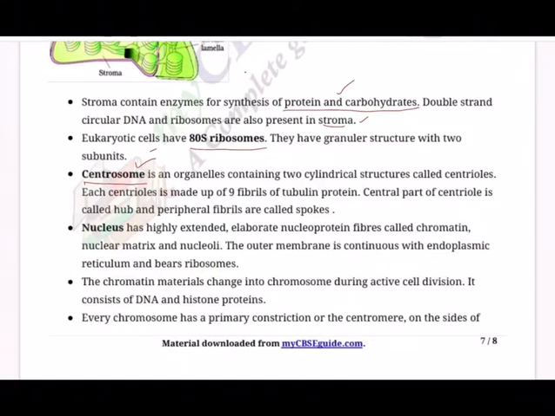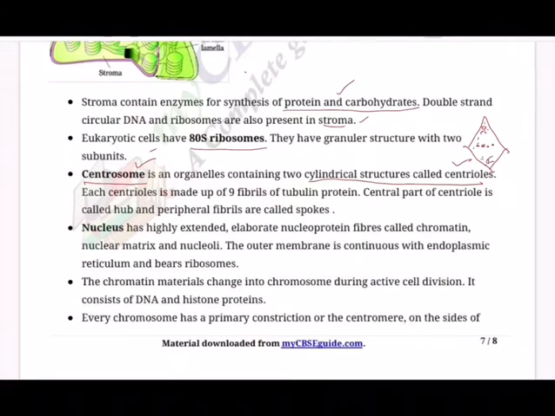So, centrosome is an organelle containing two cylindrical structures called centrioles. And as all of you know, centrioles play a very important role during cell division. If you recollect the mitosis or meiosis that we talked about, there will be chromosomes in the metaphase in the center of the plate, and there will be centrioles on the north pole and south pole.